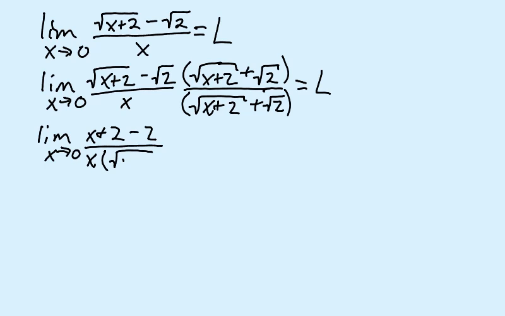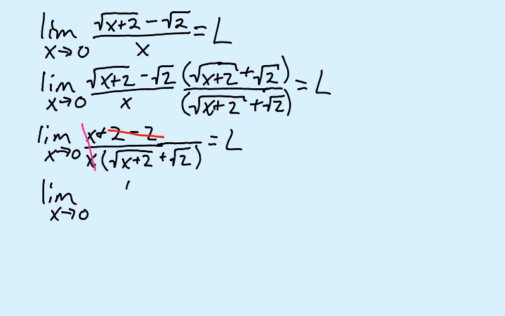And then I'm going to keep my factors separated out on the bottom. Now there's a reason for this. Remember, I'm trying to cancel things out so I can get rid of that 0. And so I need to keep them separate for the time being. The 2 minus 2 will cancel each other out, and then that leaves me with an x over x, which I can also cancel out. And that leaves me with a tidy little 1 over the square root of x plus 2 plus the square root of 2.